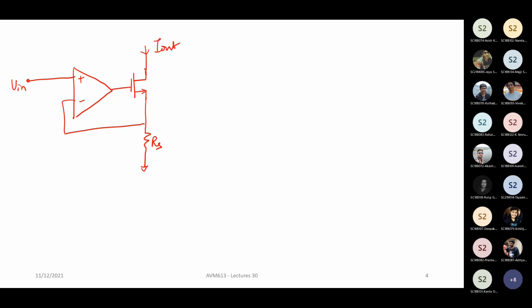Without the op amp A coming into the picture, with the gain A, the transconductance is given by Gm divided by 1 plus Gm Rs.